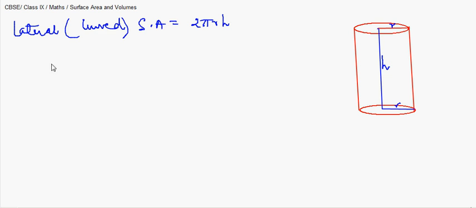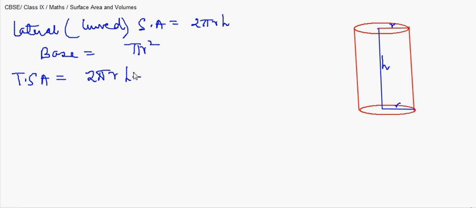And then each of these areas which we have to calculate, they are the circular part, so each base can be calculated as pi r square, and the total surface area then becomes 2 pi RH plus 2 pi r square, or you can remember it as 2 pi r times (h plus r).